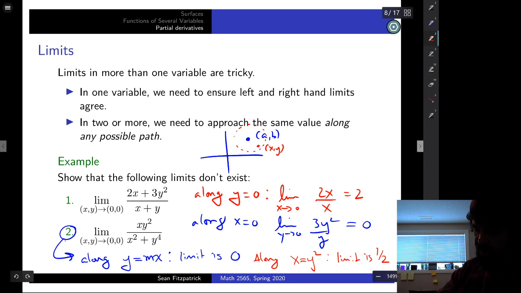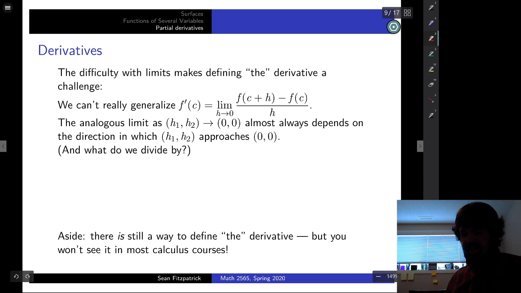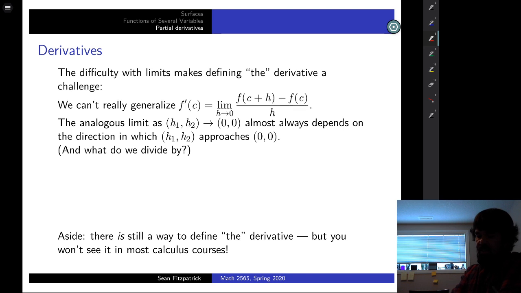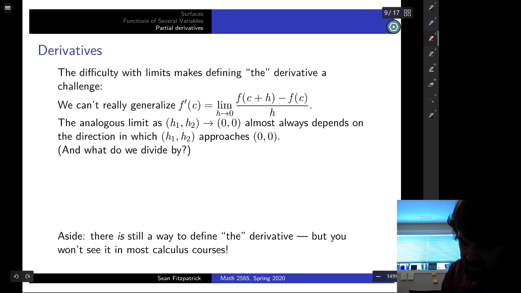And because limits don't behave very well, that causes problems for derivatives. Because the first thought that you might have for generalizing the derivative is to say, well, why don't I just do something like the limit, now I have two variables, so maybe there's an h1 and an h2, and those are both going to 0, 0.